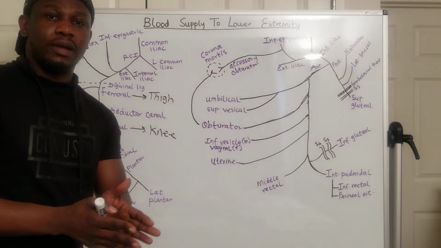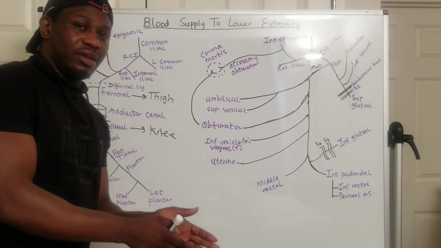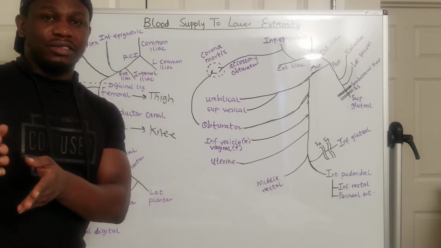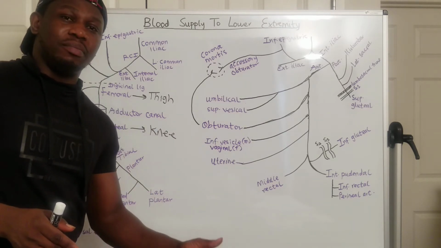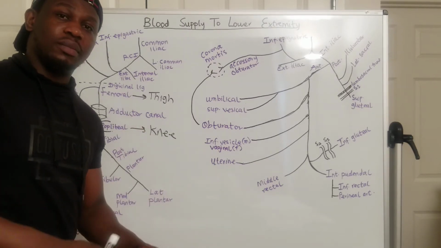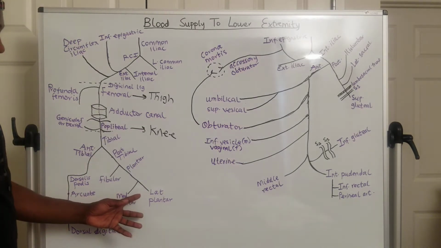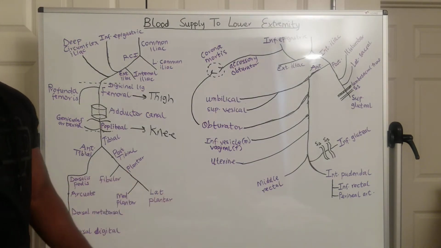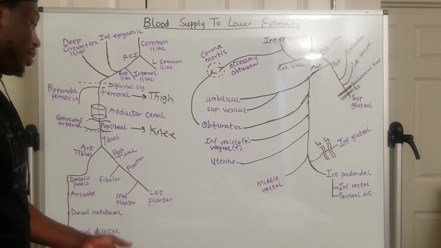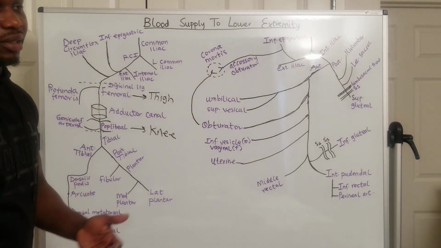The plantar artery gives off two terminal branches, the medial plantar and the lateral plantar. On the exam, they can ask you, what is the terminal branch of the posterior tibial artery? And the answer: medial and lateral plantar.